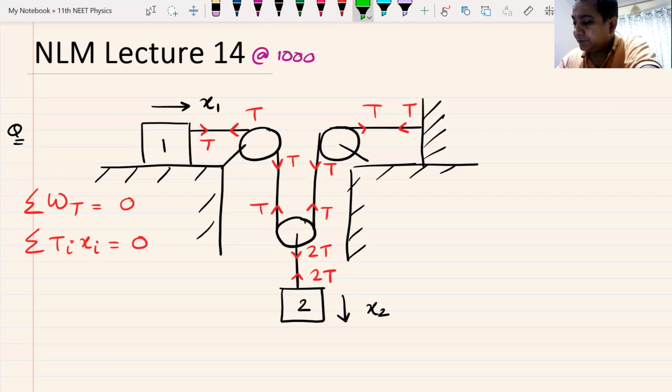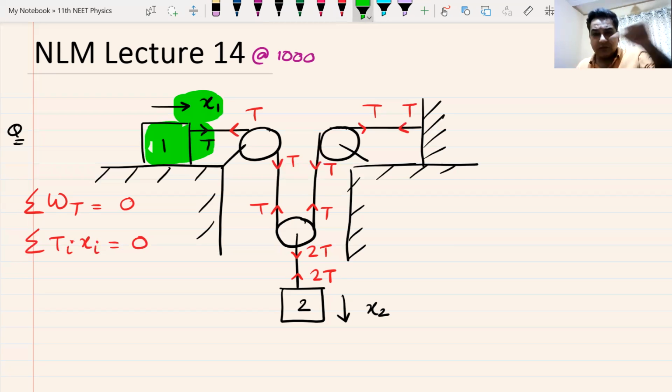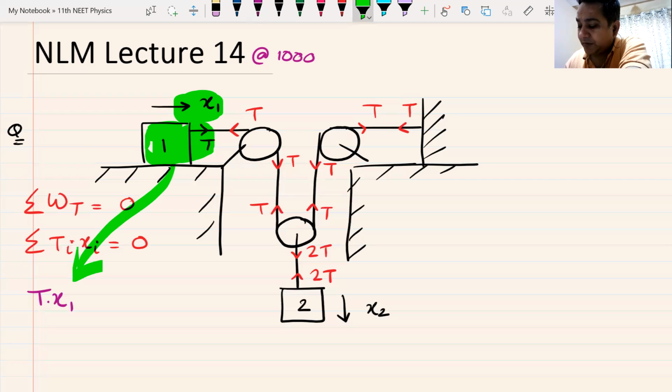I see block number 1, tension is T, T on this side, X1 also on this side. The work done by tension on this string is plus T into X1 because they are in the same direction. This is the work done by tension on this block.